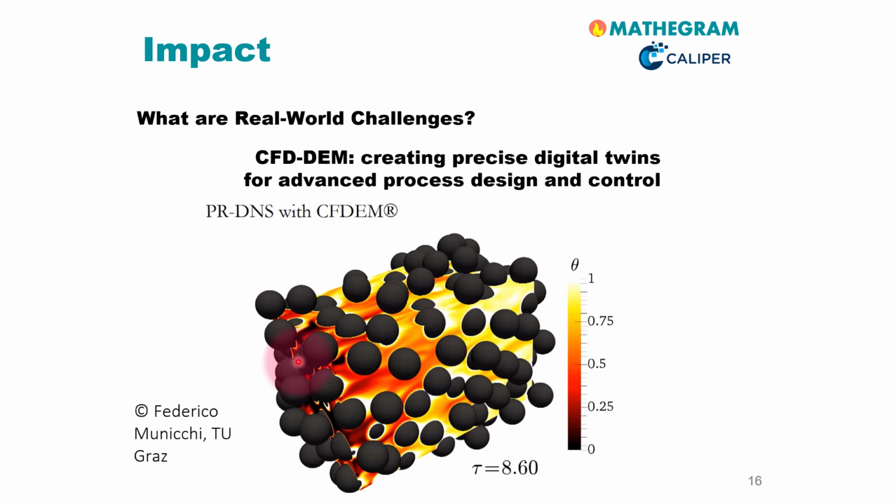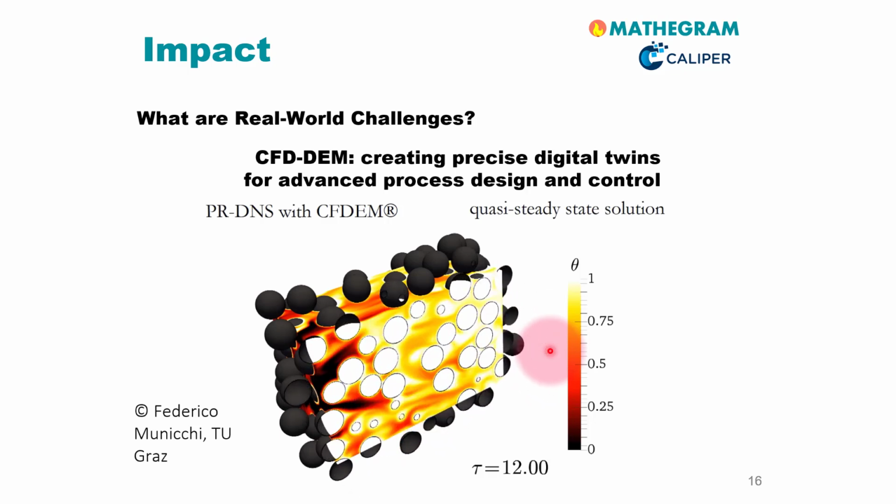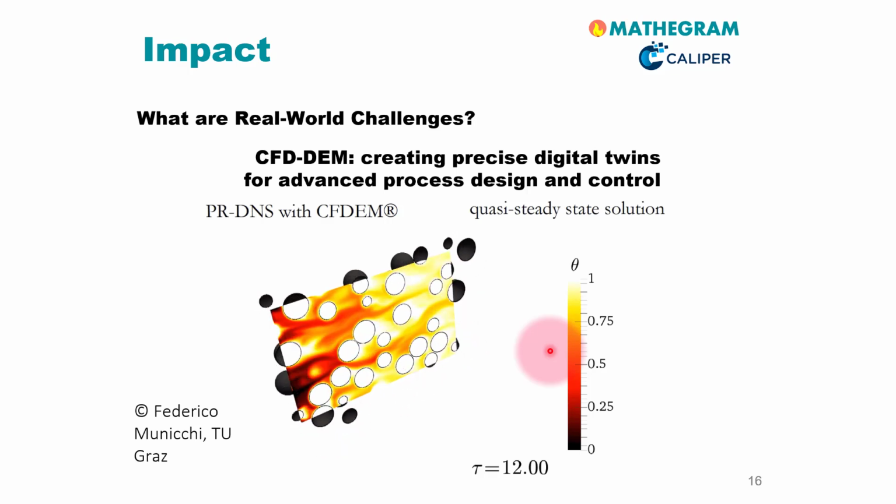We call them particle resolved, PR, direct numerical simulations, where the particle positions have been found initially by doing a DEM simulation. We can subsequently analyze those simulation results and build better models that can then be used by industrial partners, for example, to predict what's going on in their reactors to better control their process.